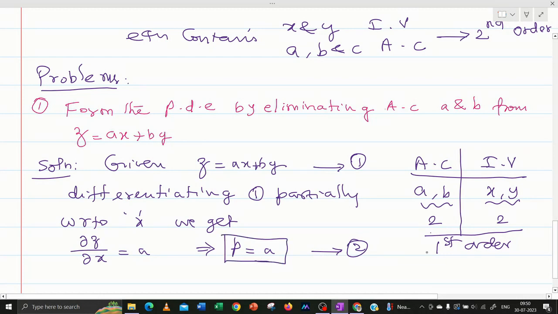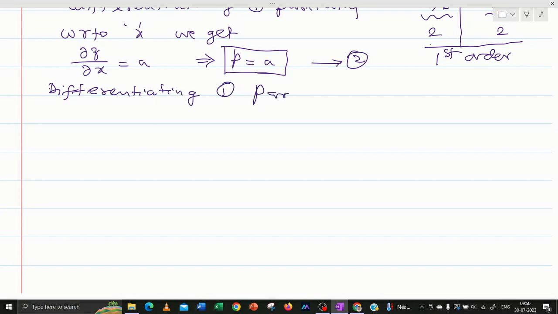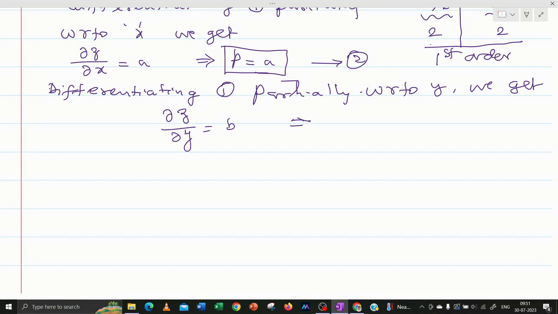Differentiating equation number 1 partially with respect to y, we get dou z by dou y equal to b, that is q equal to b, which is equation number 3.